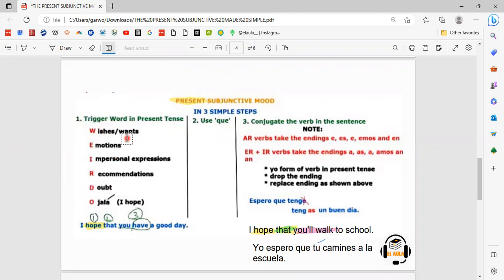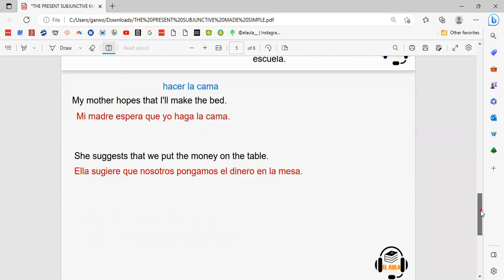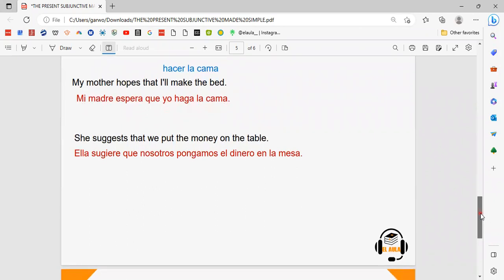That first verb can be expressing wishes, wants, emotions, impersonal expressions, recommendations, doubt, or ojalá. So it's not just limited to hoping.